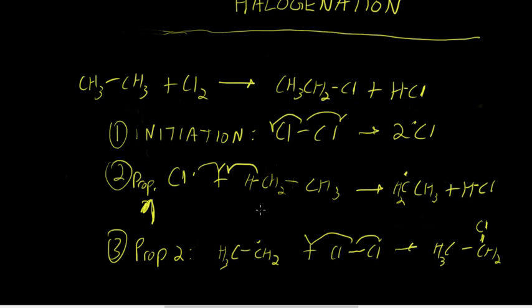But we're interested in the rate of this overall reaction. And remember, in all radical halogenations, formation of the alkyl radical is the rate determining step. So this is the rate determining step.